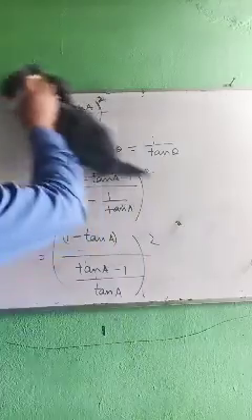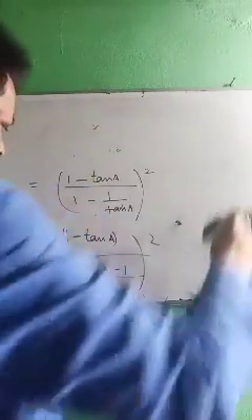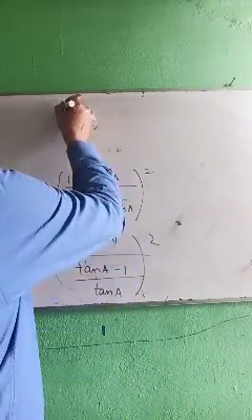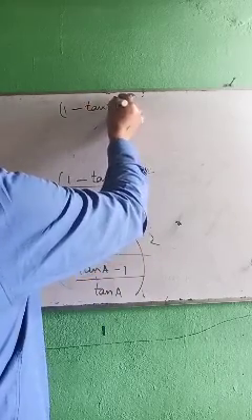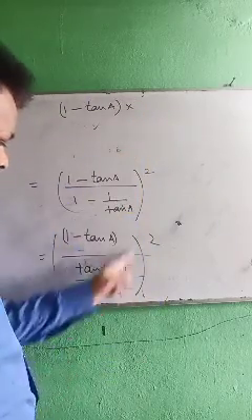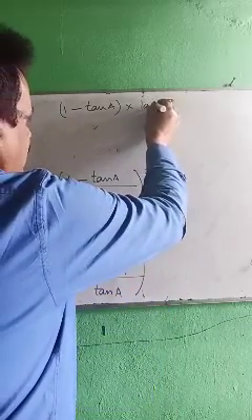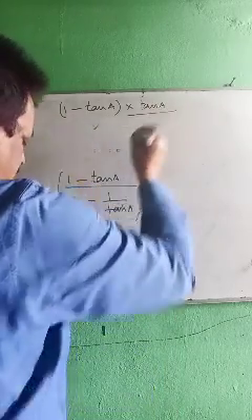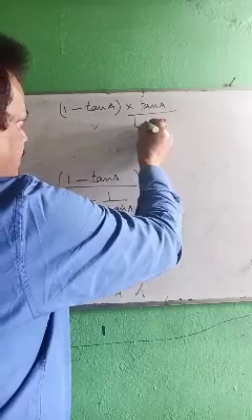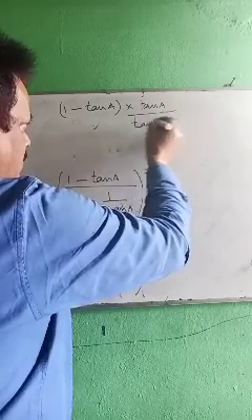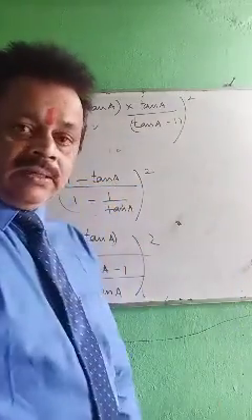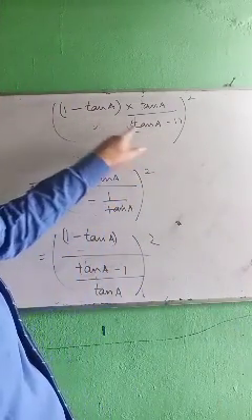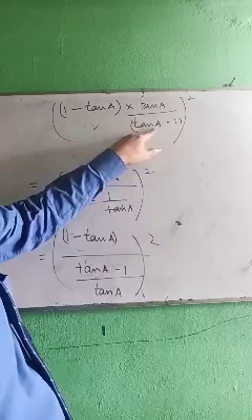Look, these two will be cancelled if you take the minus sign common here. So that will be 1 minus tan A into, this will be inverted, tan A by tan A minus 1 whole square. Now we cannot cancel it. We have to take the minus sign, then only it will be cancelled.